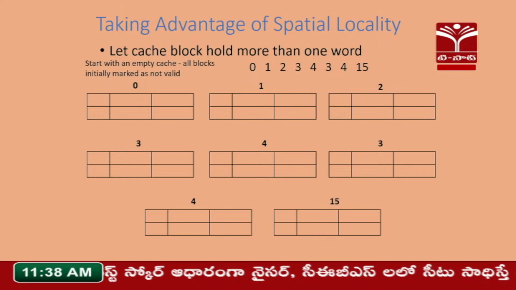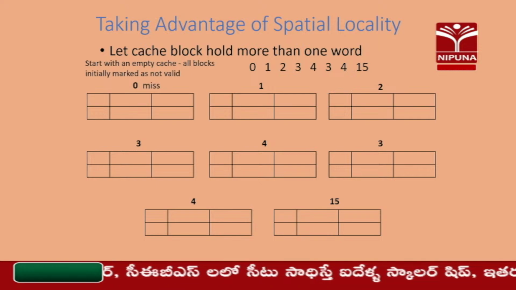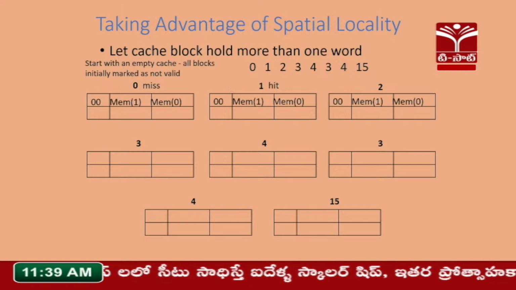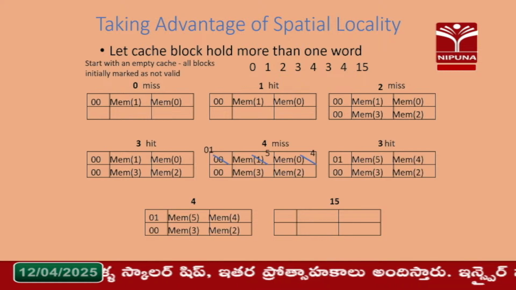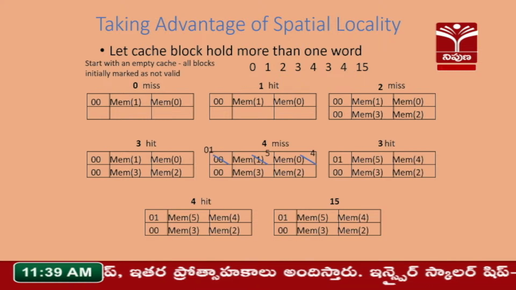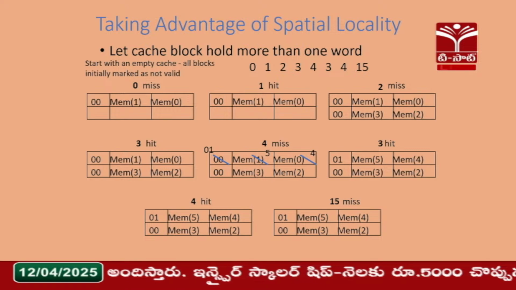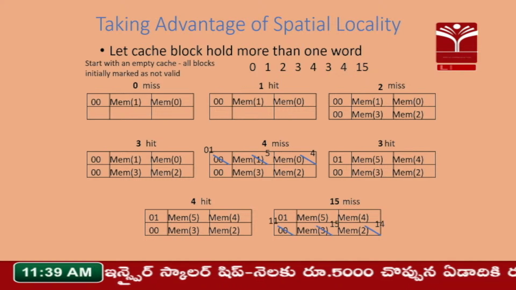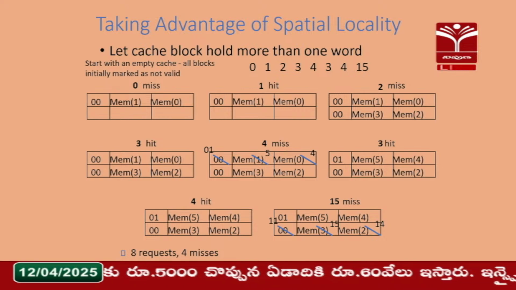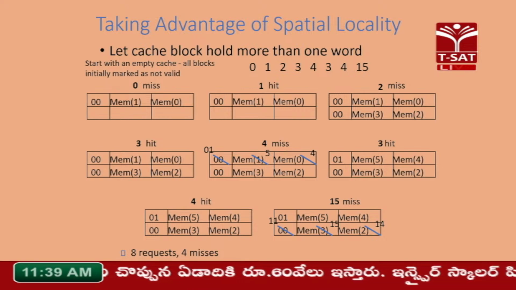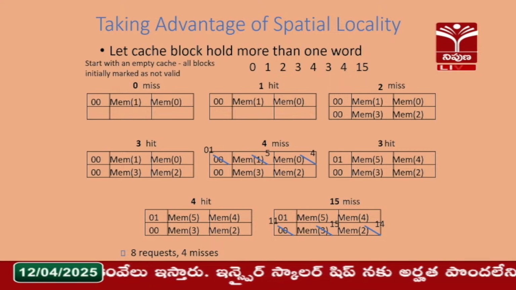Okay. So taking advantage of the spatial locality, this is basically the same memory access example that I have shown. You can see as you move along, you are getting some hits and some misses depending upon what data you are pulling in. So in this particular example, when I have 2 words within each cache line, I am getting 8 requests with 4 misses, and previously with 1 word, it is 8 requests with 6 misses.